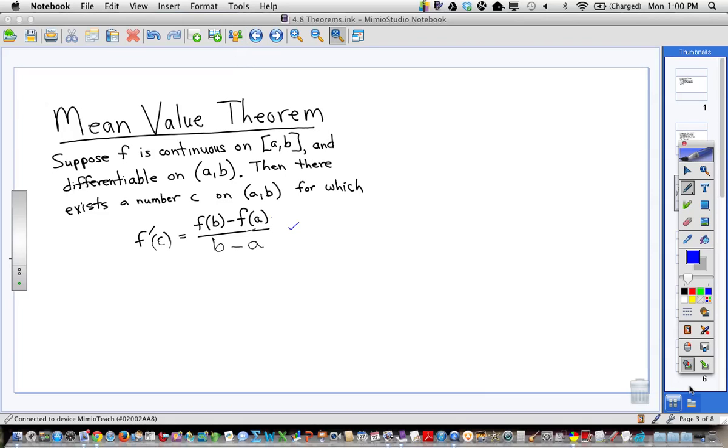What does that mean? The derivative exists everywhere. The slope exists everywhere. So there's no sharp points, no vertical tangents. So that's an extra added condition in the hypothesis.